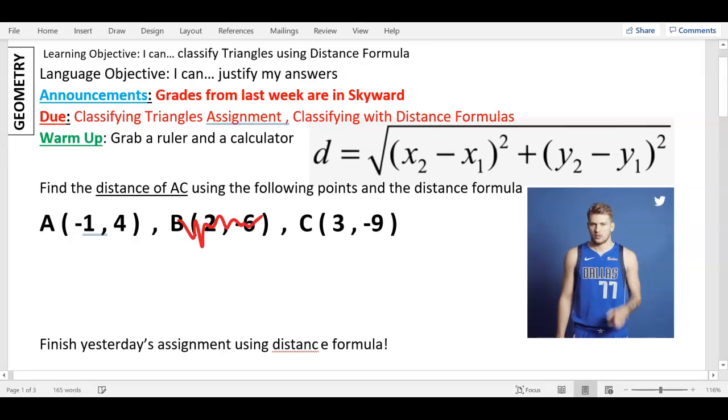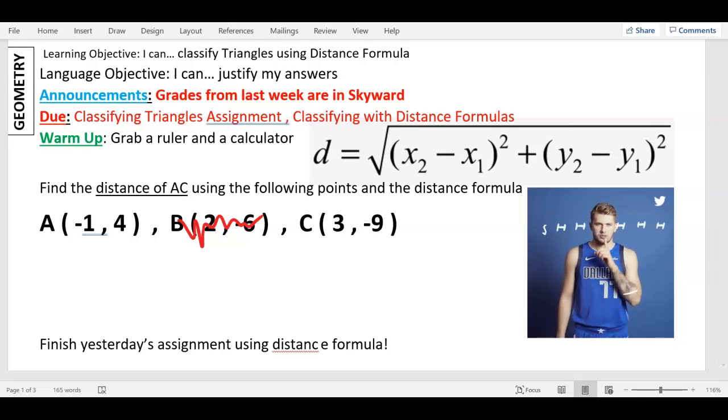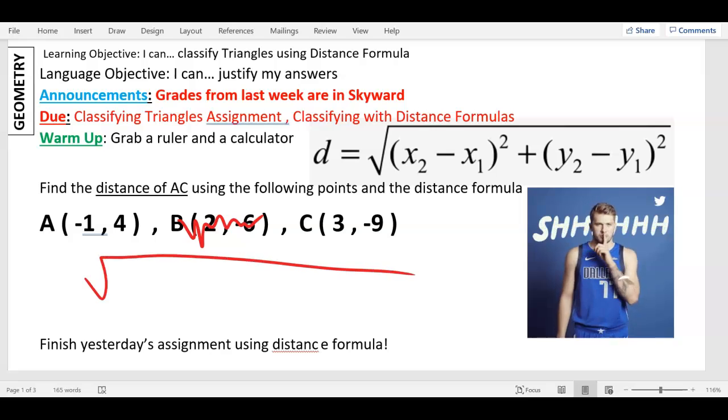Okay, so let's go ahead and write our formula. It starts off with a long square root sign. Let's do that first. Square root. Okay, and then we're going to do parentheses, and we're going to do x2 minus x1. Now, x2 is the x value over here, and x1 is the value over here.